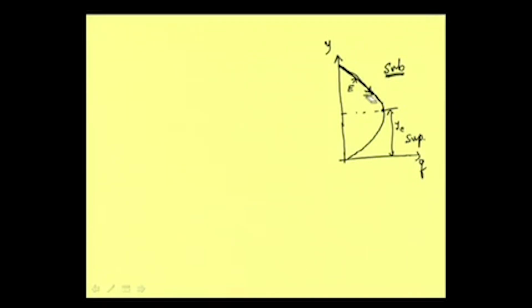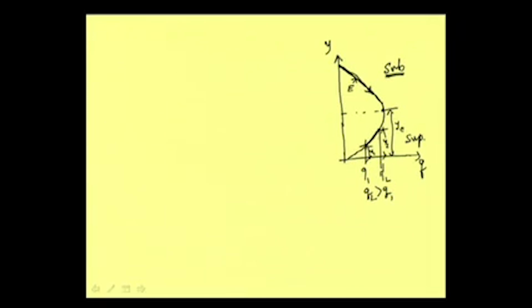And if you are in the supercritical region, then with the increase of unit discharge, your depth is increasing. Say Q1 is this one, Q2 is this one. When Q2 is greater than Q1, then we can see that this is Y1 and this is Y2.